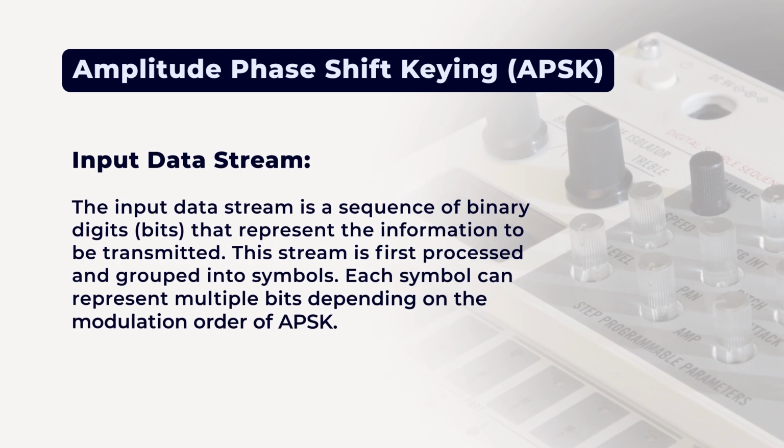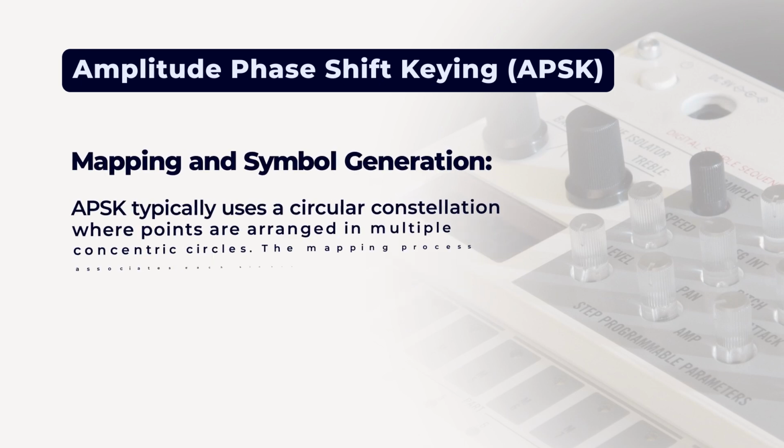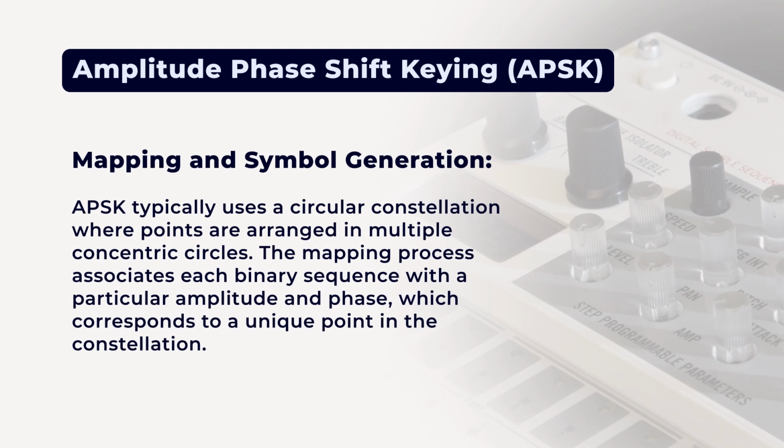The first component is the input data stream. The input data stream is a sequence of binary digits that represent the information to be transmitted. This stream is first processed and grouped into symbols. Each symbol can represent multiple bits depending on the modulation order of APSK. Next is mapping and symbol generation.